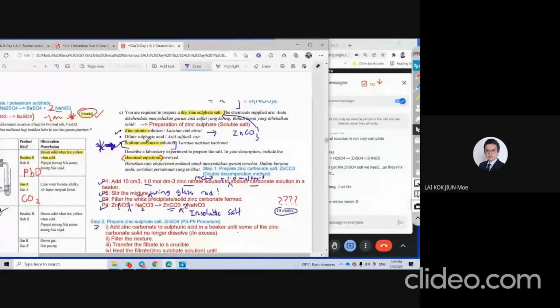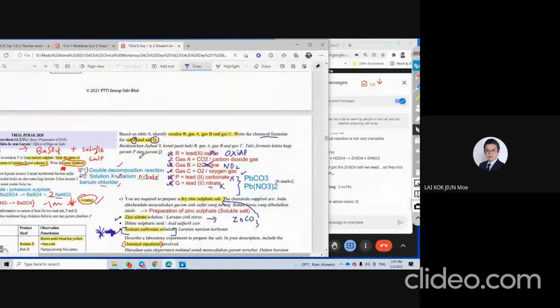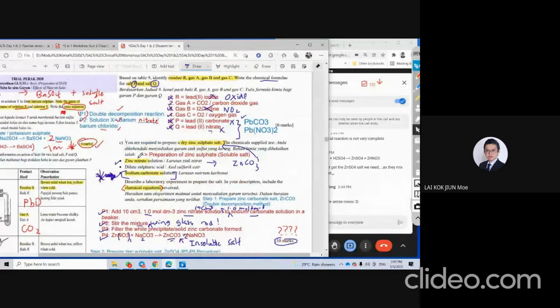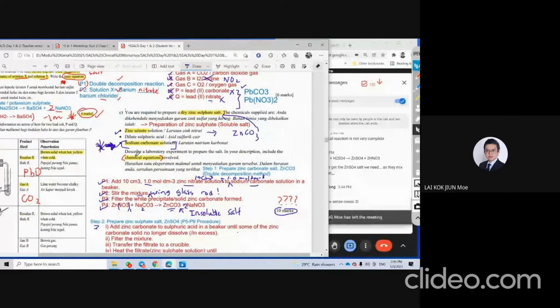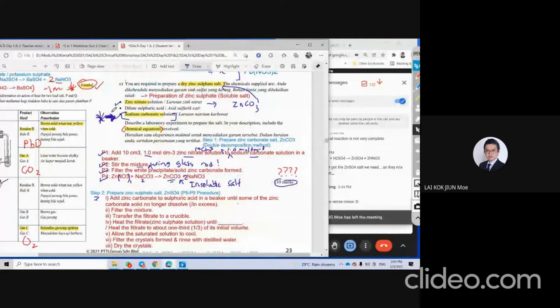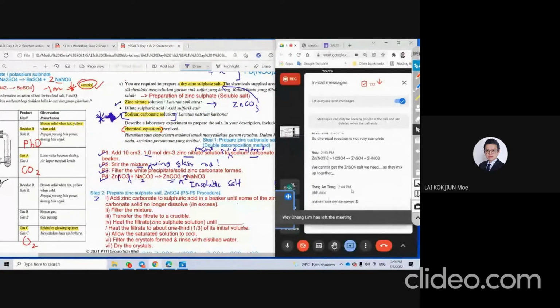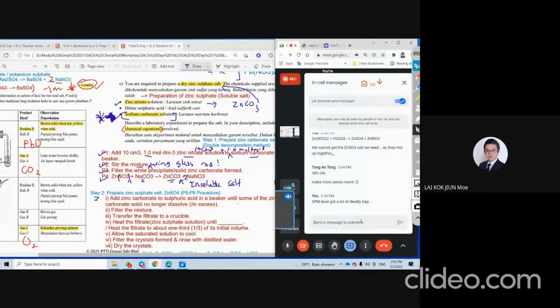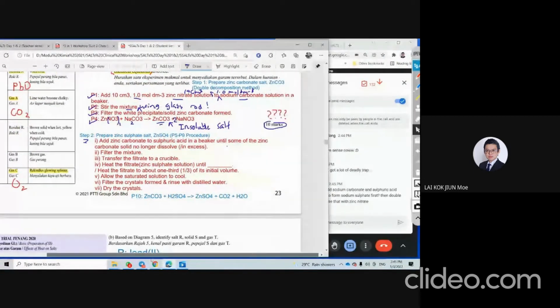This question is very familiar, I think I saw it in past year SPM questions. SPM level has a lot of deadly traps, especially this salt chapter, very dangerous.